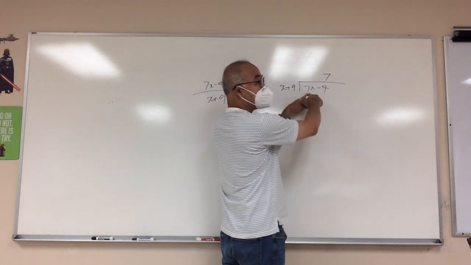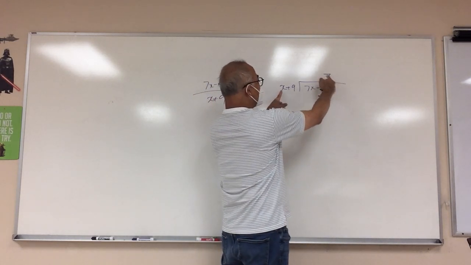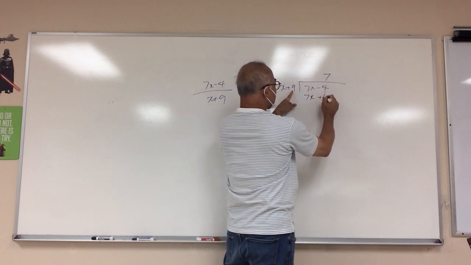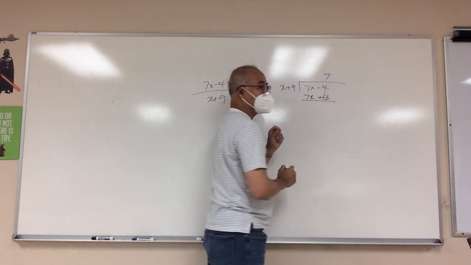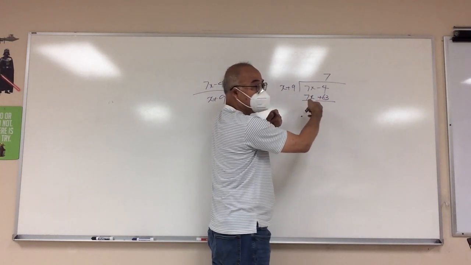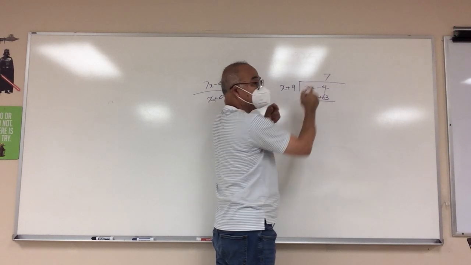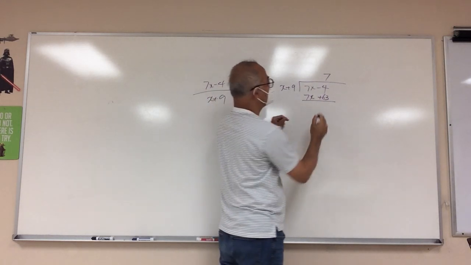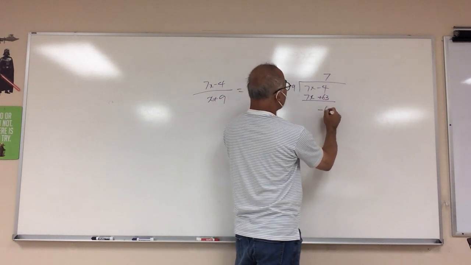Because I have 7x here. If I multiply this, I'm going to get 7x times 63. I'm going to subtract. So I want to subtract and get these guys to go away, right? And that's why the 7 comes in there. Everyone understand where the 7 comes from? Yes. Okay. So I subtract this, I get negative 67.